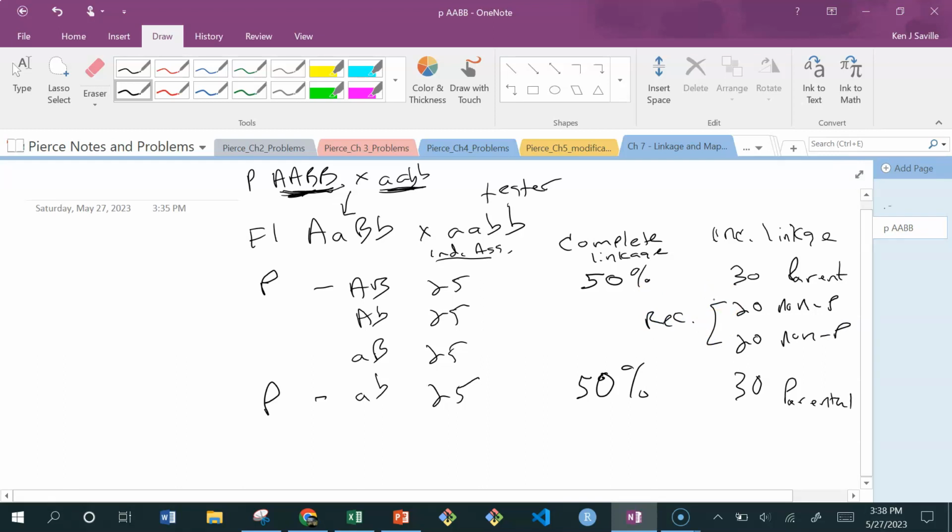So anytime you do a cross, we have parentals and recombinants. That's usually the words that I use. I probably should say parentals and non-parentals, or recombinants and non-recombinants, but we often say parentals and recombinants.